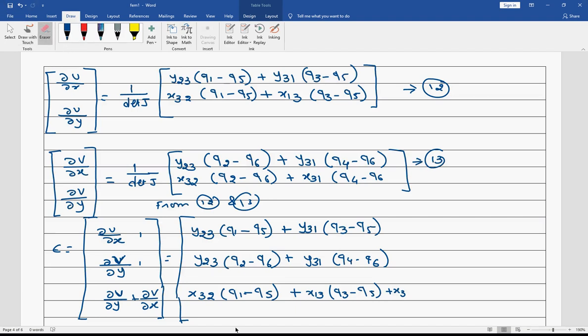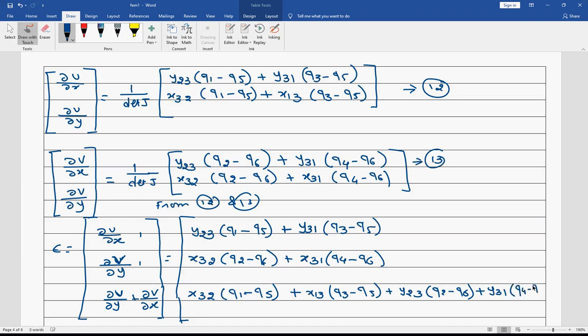So I want dv by dx, dv by dy I want. Okay, so dv by dy: x32 (q2 minus q6) plus x31 (q4 minus q6), and then plus y23 (q2 minus q6) plus y31 (q4 minus q6), and multiplied by 1 over determinant of J. So that factor is there.